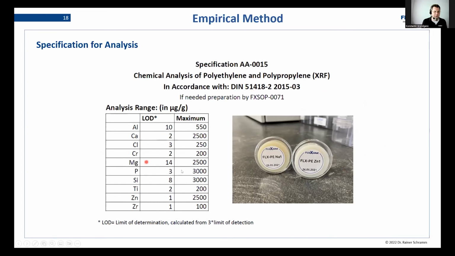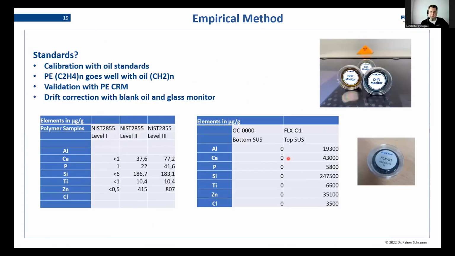You have the elements here, and that's what the samples look like in the end. We did a kind of trick here. Again, the amount of standards is very limited. So what did we do? We actually used oil standards, which are plentiful. You can buy them as single or multi-element standards, and there are companies who will simply mix them for you.